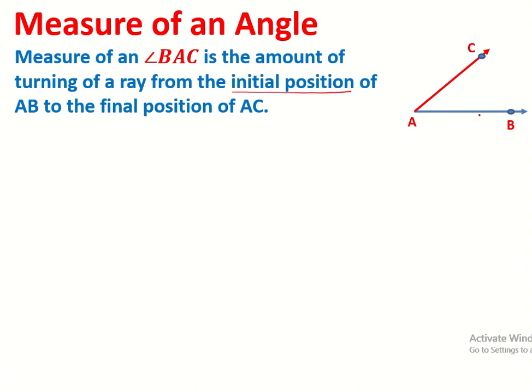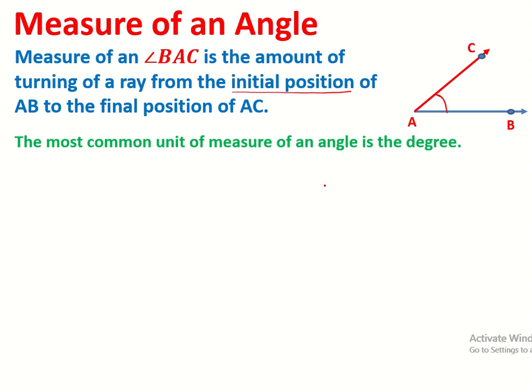Here AB is the initial position of this angle, and then going in the anticlockwise direction we have the final position, which is AC. So it is the turn in the anticlockwise direction from the initial position to the final position.